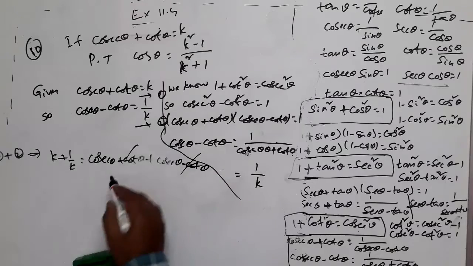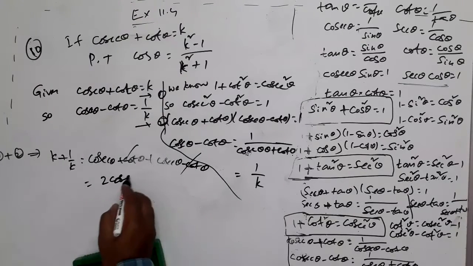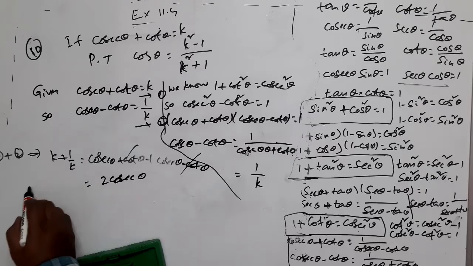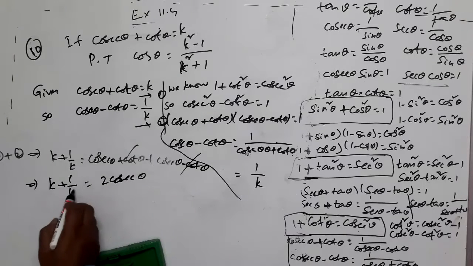These two get cancelled. This is 2 times cosecant theta, which equals k plus 1 by k.